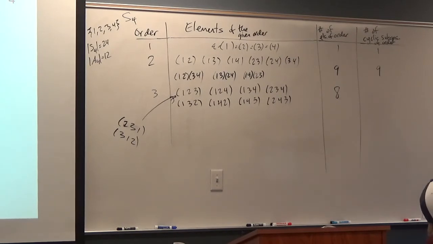At least cyclic subgroups. Although it does turn out that any group of order 3 has to be cyclic. How many cyclic subgroups of order 3, and therefore subgroups of order 3, if you've got 8 elements of order 3? Somebody must know it. Be brave.